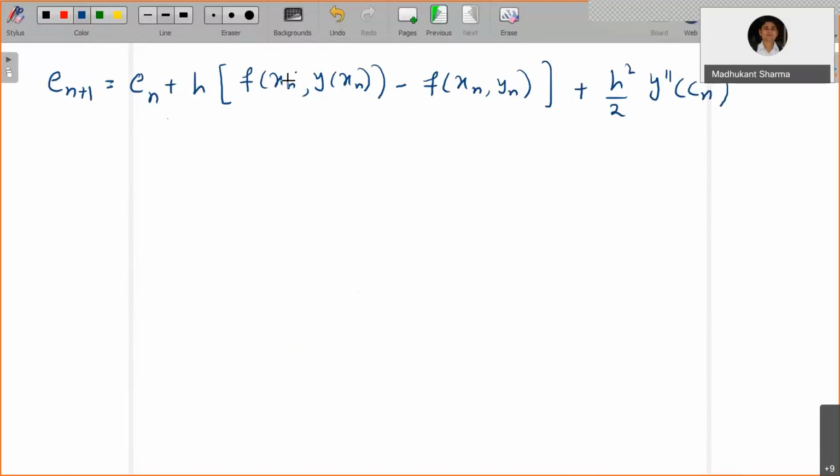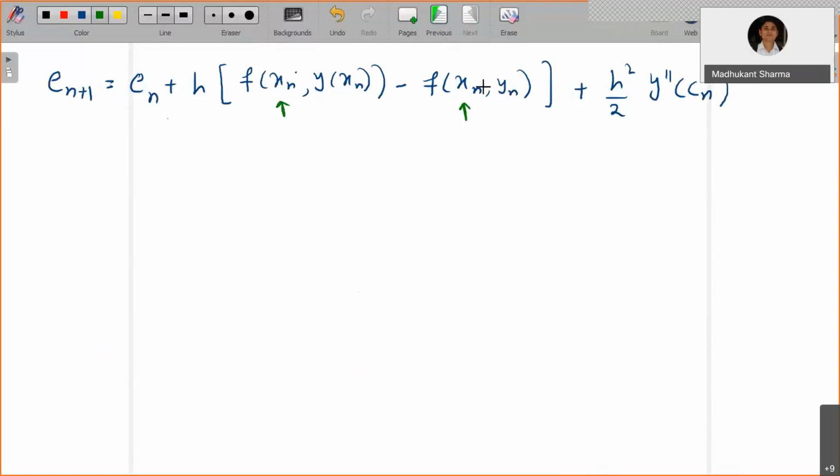Now assume that the first order partial derivative exists with respect to y. f is differentiable with respect to the second variable, keeping the first variable fixed. So this is a function of y, and it is differentiable with respect to y and continuous.